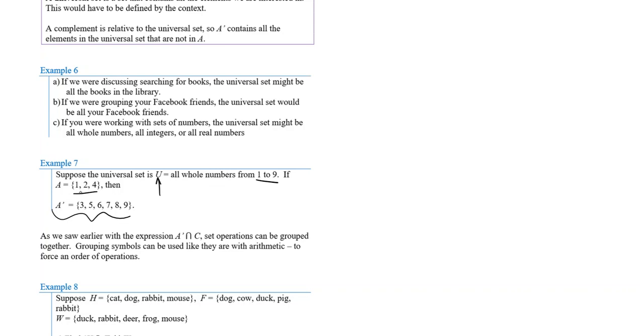So if A is 1, 2, 3, then A prime is everything else in that universal set. If you didn't describe the universal set first, then A prime would be every other number in the universe other than those. So the universal set is us bounding it, giving some sort of guideline as to what we're talking about there.